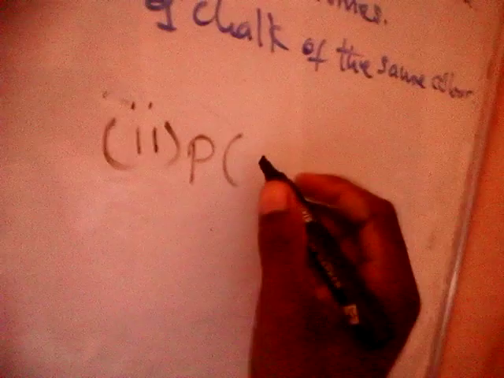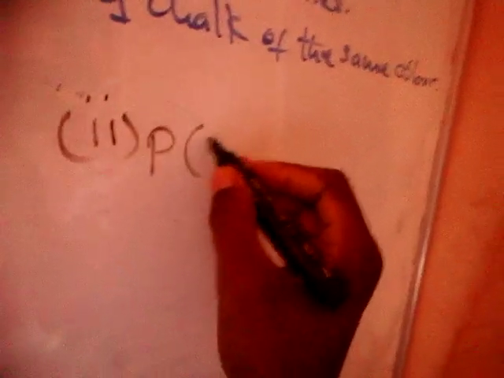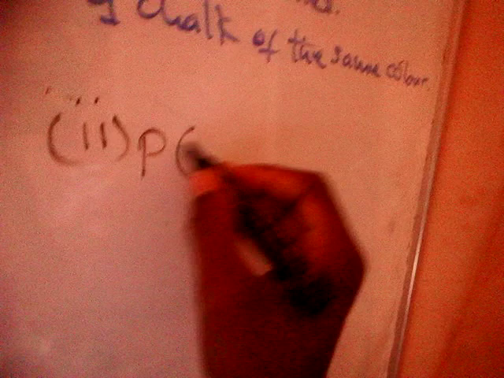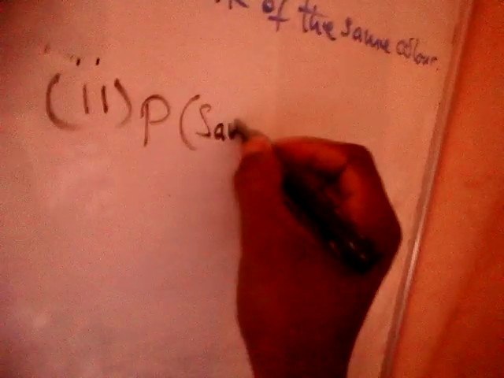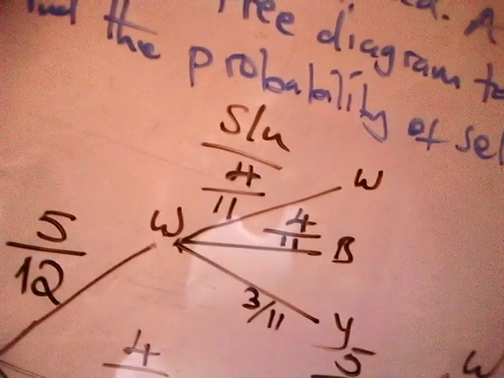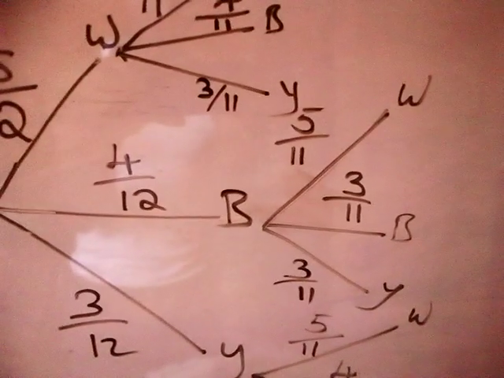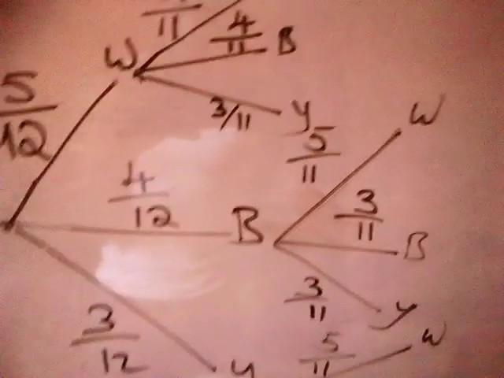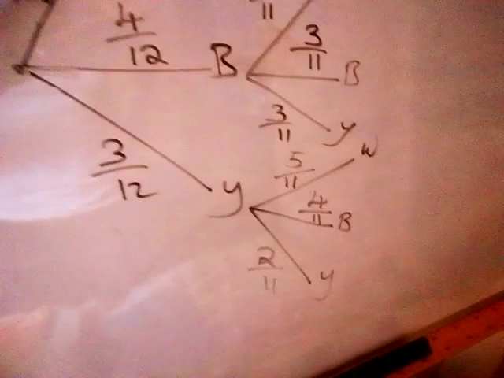So question number 2, we are asked to find the probability of selecting pieces of chalk of the same color. So this will be as follows. Of the same color, it can be white, take note, or it can be blue, observe, or still it can be yellow.